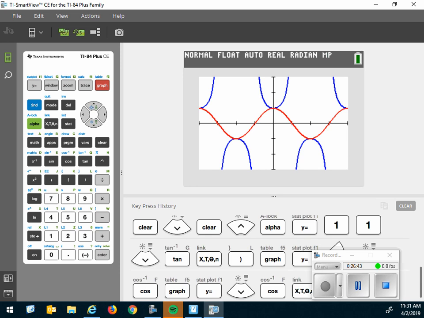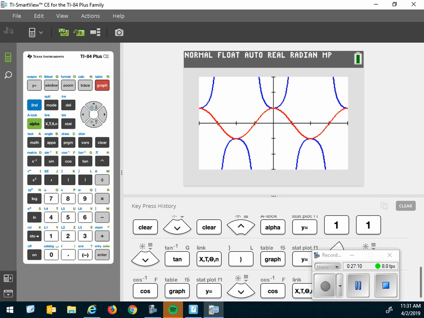Whoa. Where cosine has a maximum, secant has a minimum. Where cosine has a minimum, secant has a maximum.